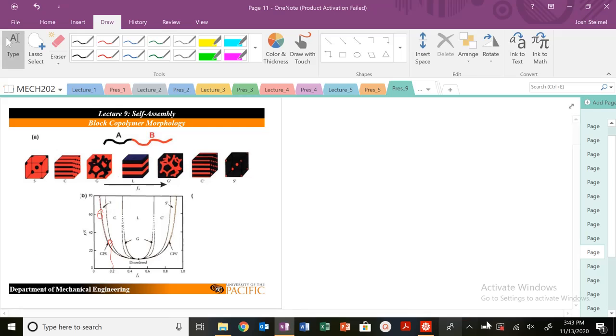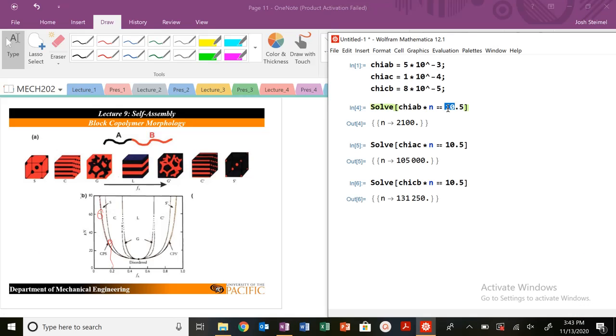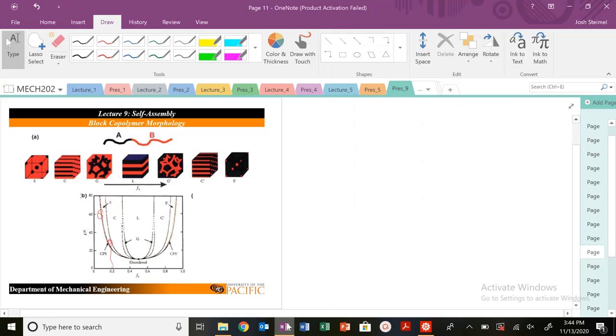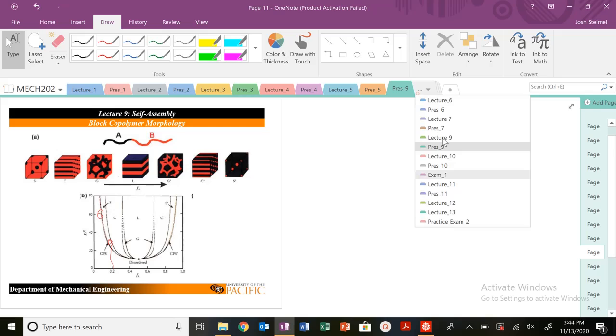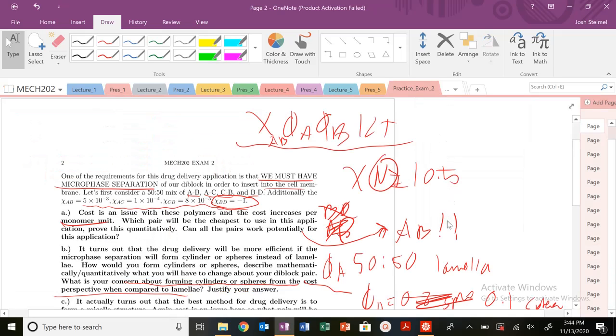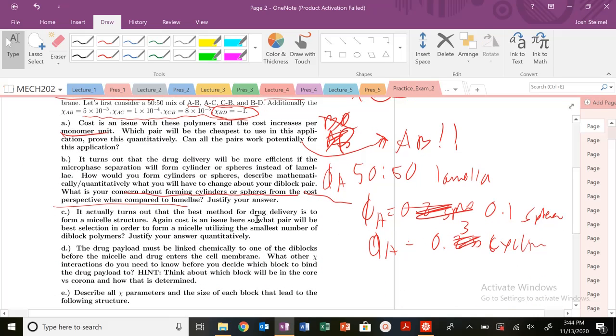If our chi-n increases, let's see what happens from the cost perspective. If I have to form spheres, now I'm at 12,000. So I've increased by almost an order of magnitude, and that increases the cost. That's a little concerning, but it depends on how great our drug delivery application is. It might not matter in terms of that cost. Excellent.